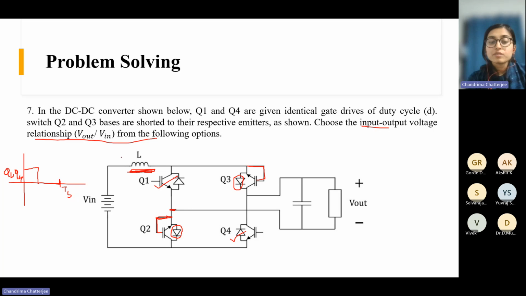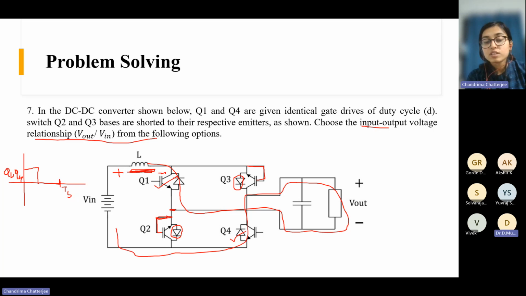So when Q1 and Q4 are on, if you see the voltage across the inductor, if you apply KVL in this loop, suppose from here to here, then here to here, and back to here, what will be the voltage across the inductor? So first VL, then minus V out, right? Because you are traversing from minus to plus.